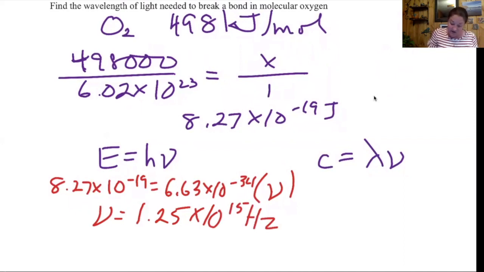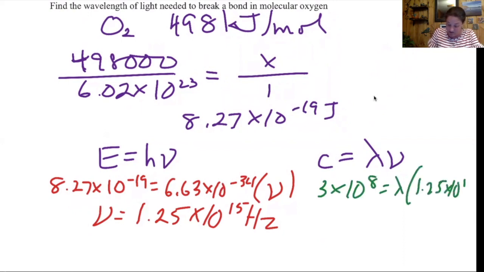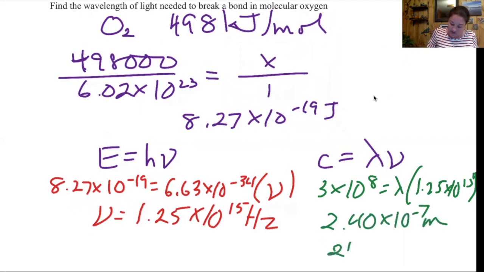Now plugging in over here, speed of light is still 3 times 10 to the 8th. I'm solving for wavelength. That should say 15th off to the right, it got a little cut off. So 3 times 10 to the 8th divided by 1.25 times 10 to the 15th. And I get 2.40 times 10 to the negative 7th meters, which is 240 nanometers. Anything less than or equal to that.